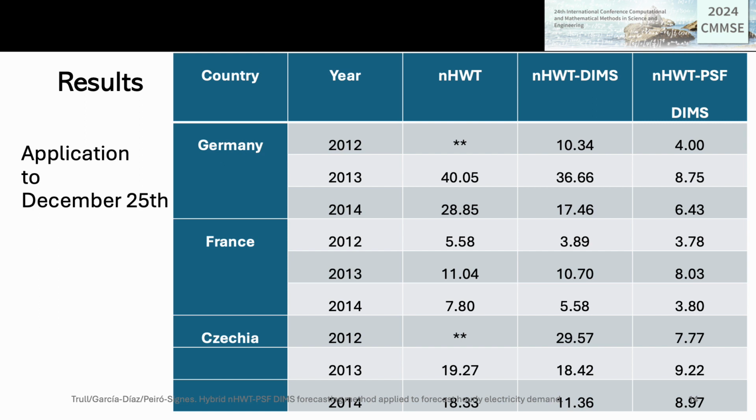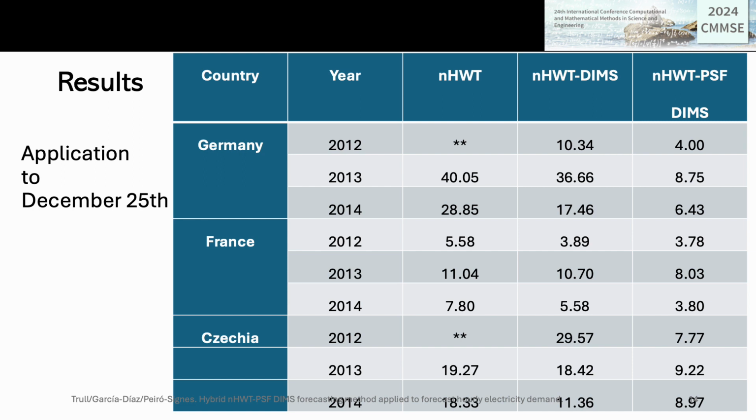Then we applied this new method to the time series of the electricity demand for Germany, France, and Czechia for the years that are mentioned in this table: 2012, 13, and 14. You may see in the third column that the regular method does not always provide good or accurate forecasts. Well, that was expected.